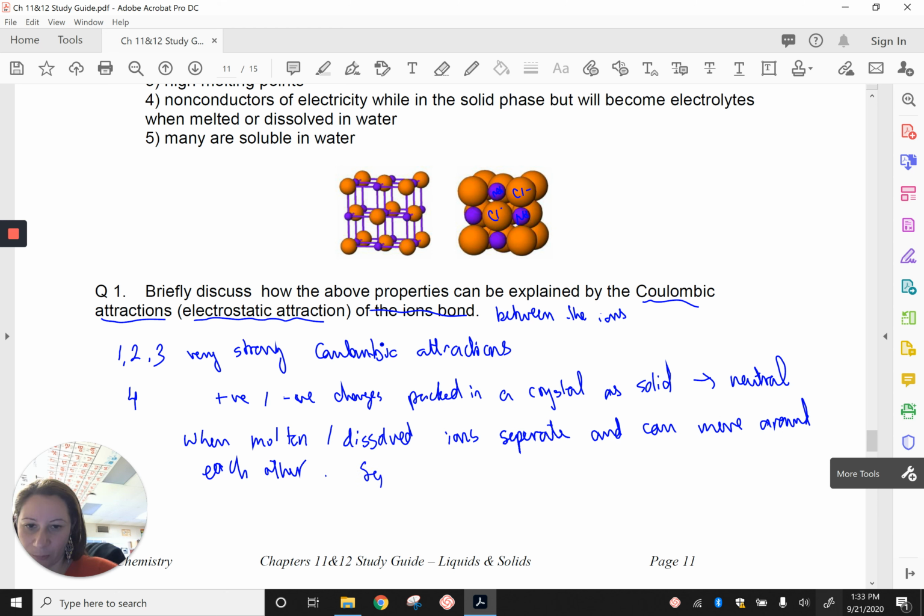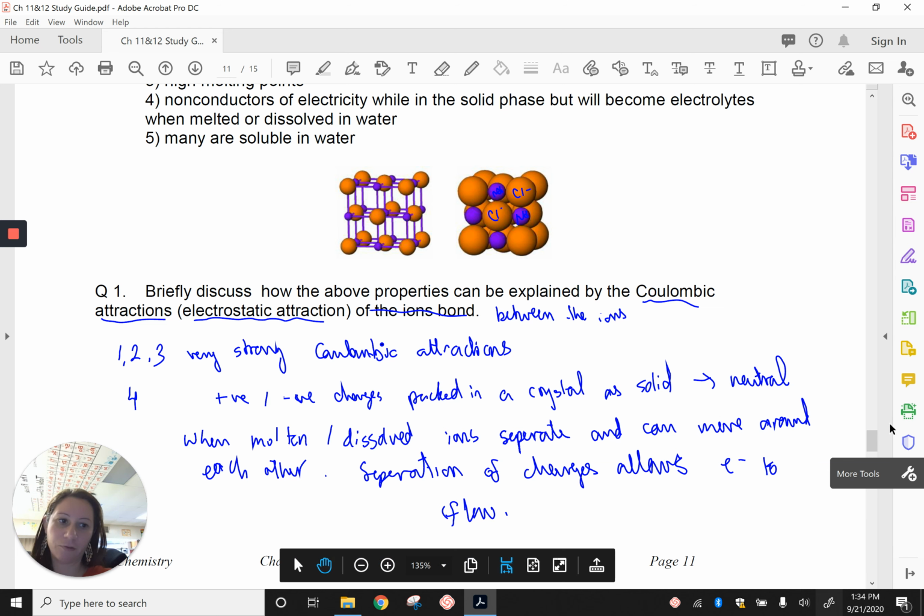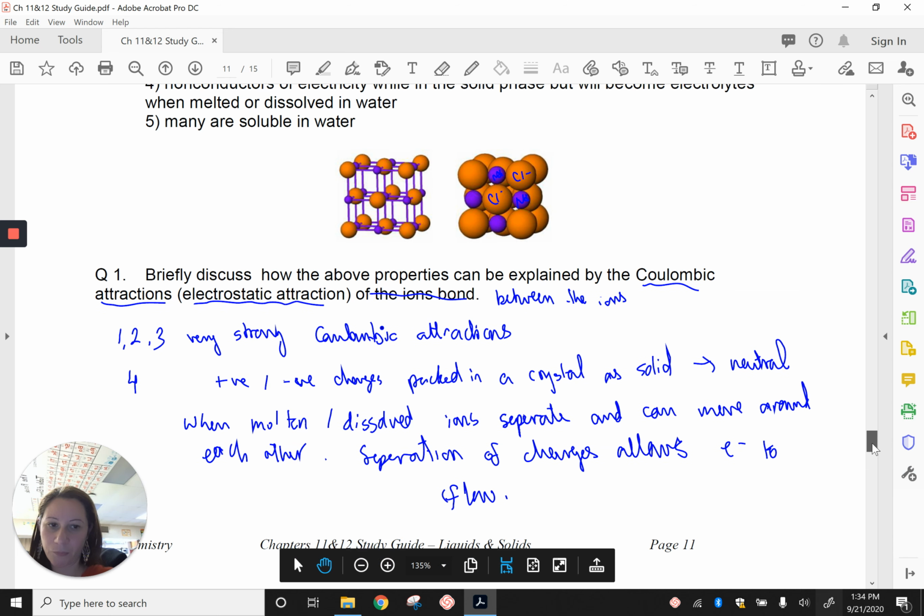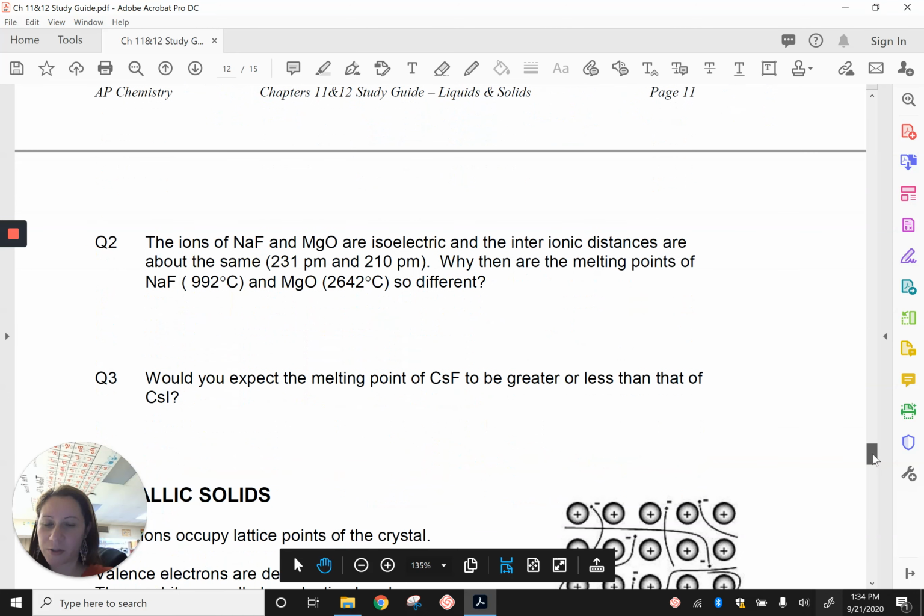So when you get separation of charges, that allows conductivity. It allows electrons to flow, which is what electricity is, the flow of electrons. All right, so these are ionic substances.